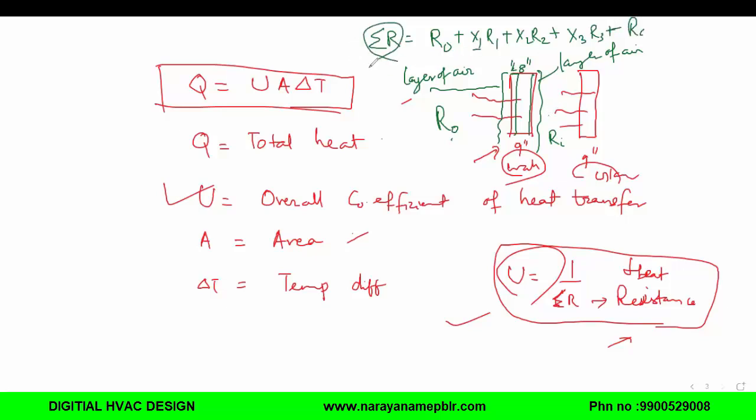Once you get the summation of R, you take the reciprocal of the summation of R, and you will get the U value of any material. Clear? But you have to find the resistance value of each, like brick, plaster, whatever. Is it clear, all of you? Yes, sir.